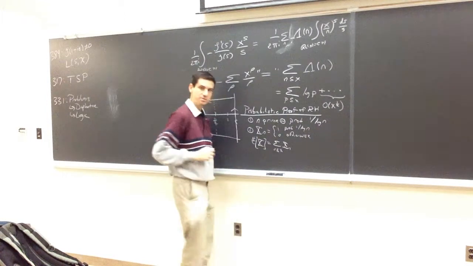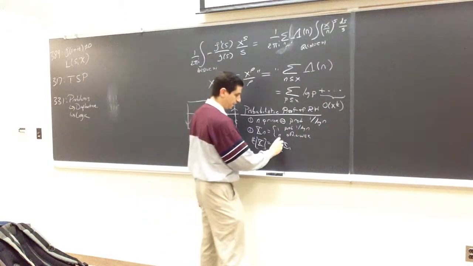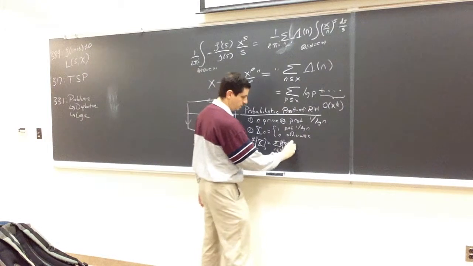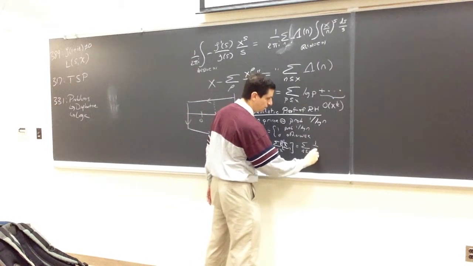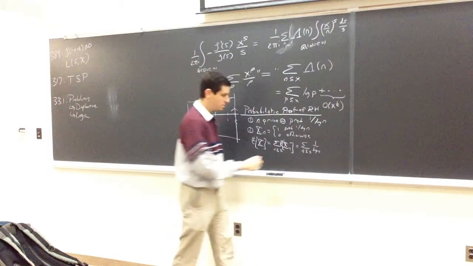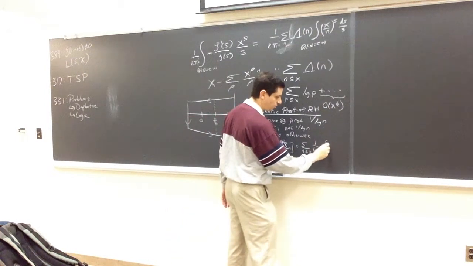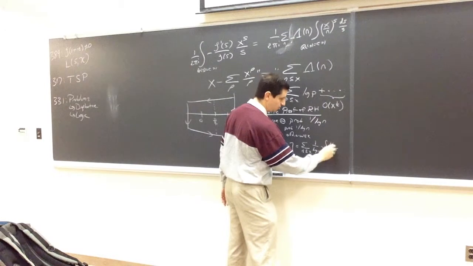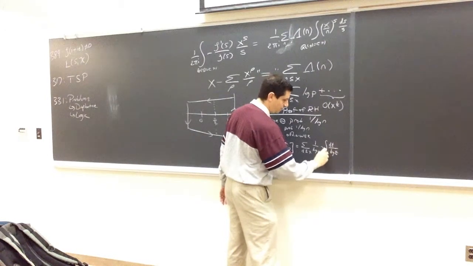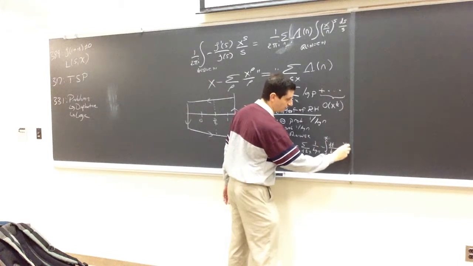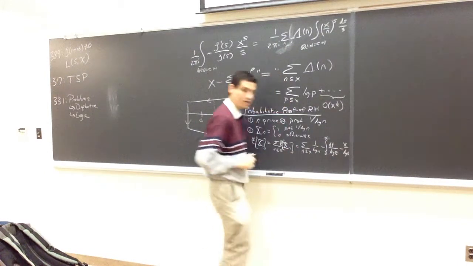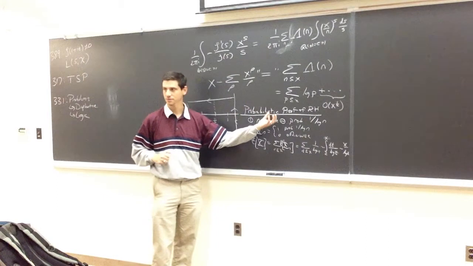And in probability, you learn the expected value of a sum is the sum of the expected values. This will give us the sum over n less than or equal to x of 1 over log n. Well, a sum is approximately an integral, so this is like the integral of dt over log t, I told you this was rough, from 2 to x, which is about x over log x. You're actually getting the correct main term.